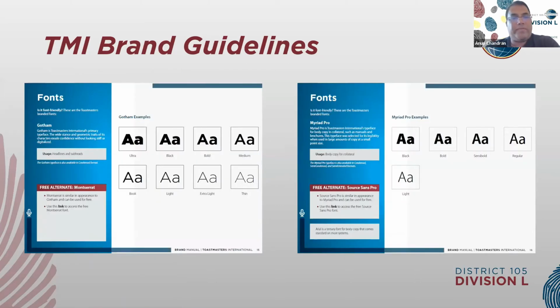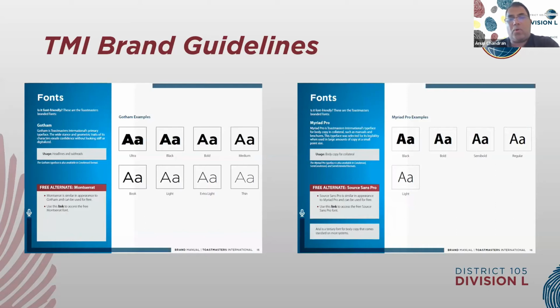From a font point of view, yes, there are limitations. You have Gotham, which is a very clean, modern looking font, which you can use for headlines and subheaders. Then for the text, you could use Myriad Pro.